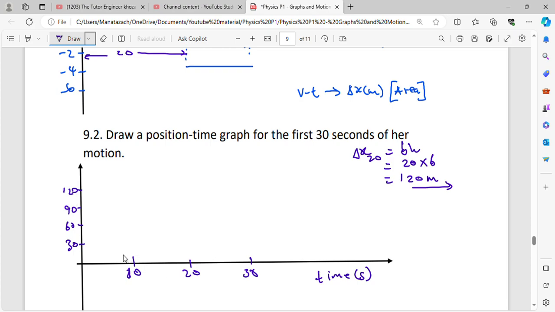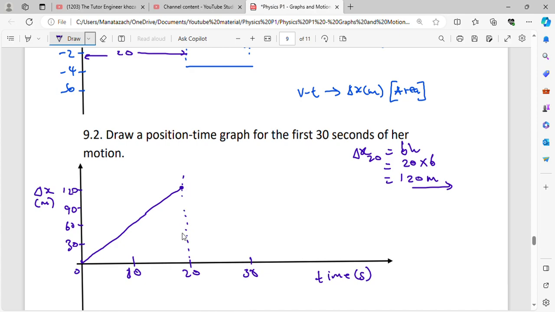So this is the displacement axis. After 20 seconds, this is 20 seconds here, the displacement will start at 0, and then it will increase to 120 after 20 seconds.